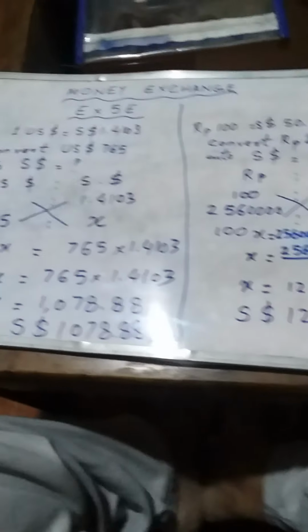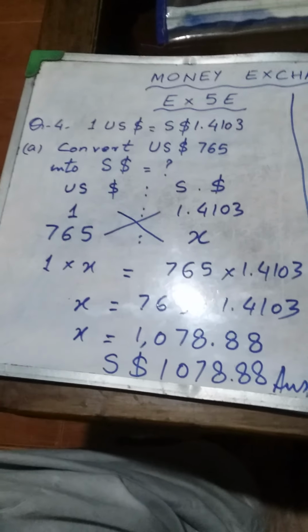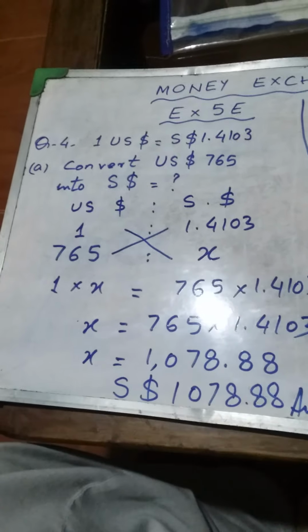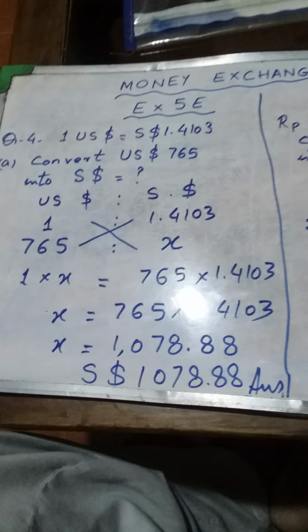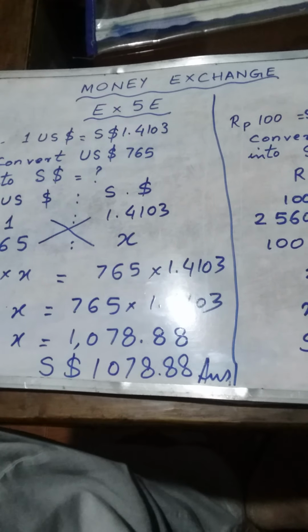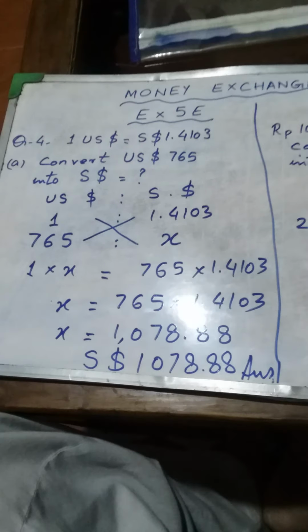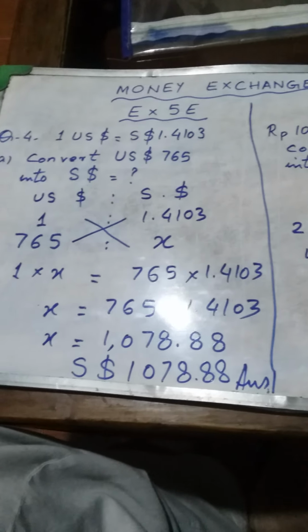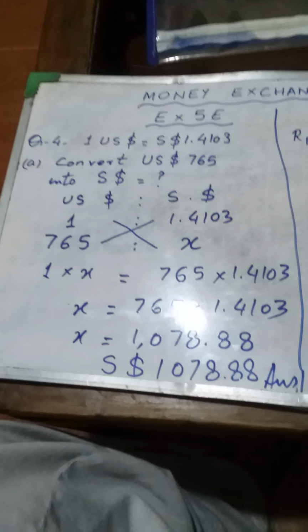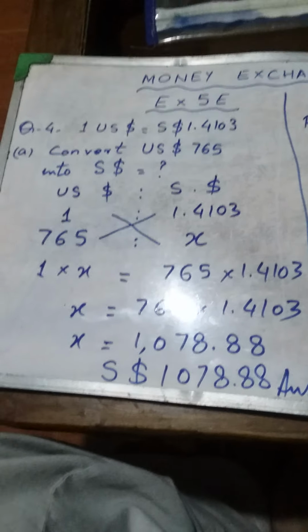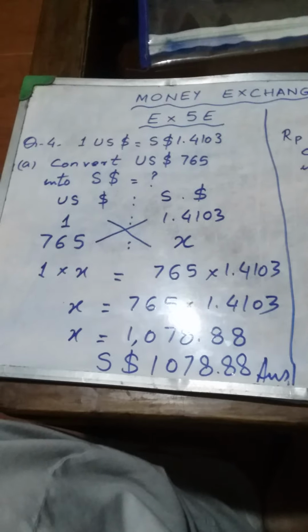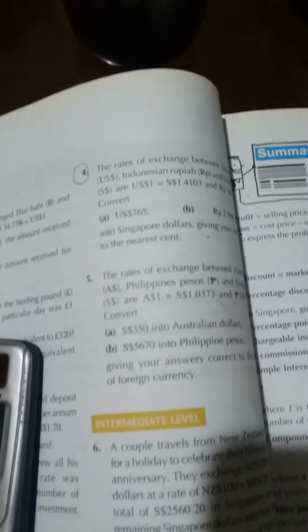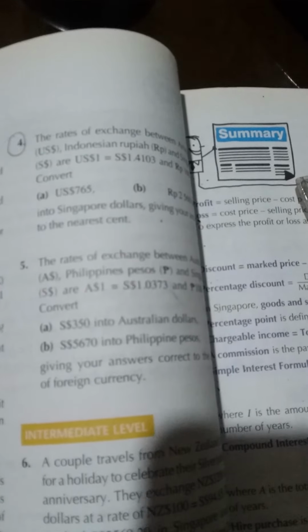Now I'm explaining it once again. This was a question related to money exchange. Every country has its own currency, and that currency has a different value when it is exchanged with other currencies. In question number 4, we were given two conversions.